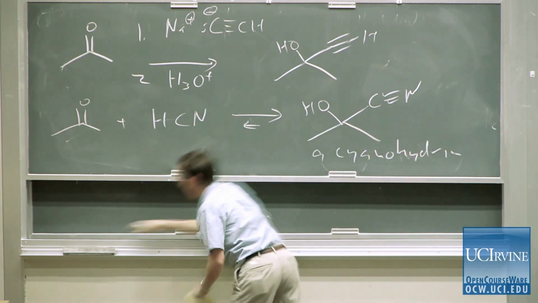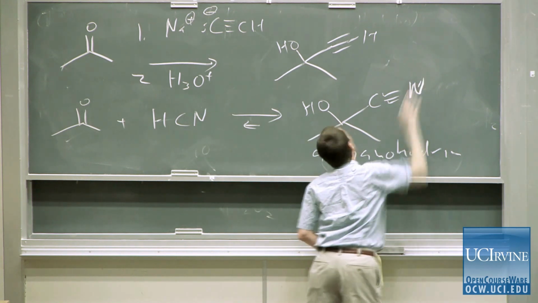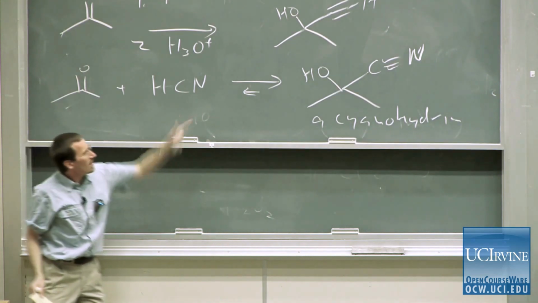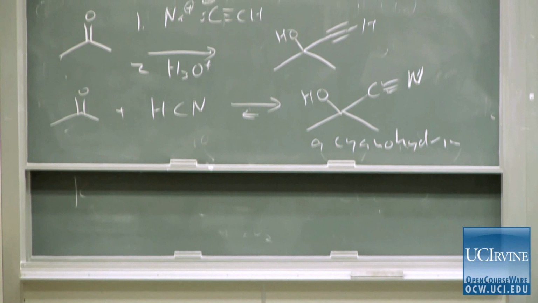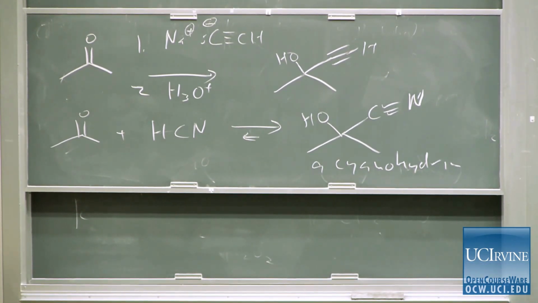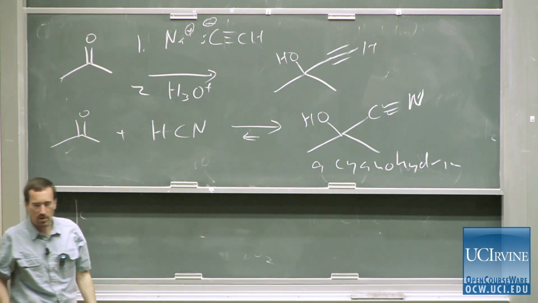The hydrogen cyanide adds to the acetone, and we get a product that really in many ways looks very analogous to the addition of acetylene. Now, hydrogen cyanide is not something you want to work with.